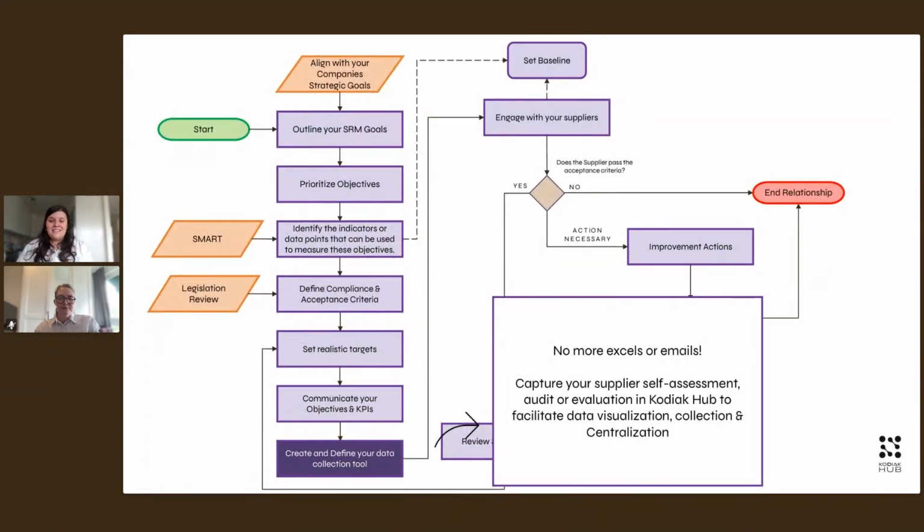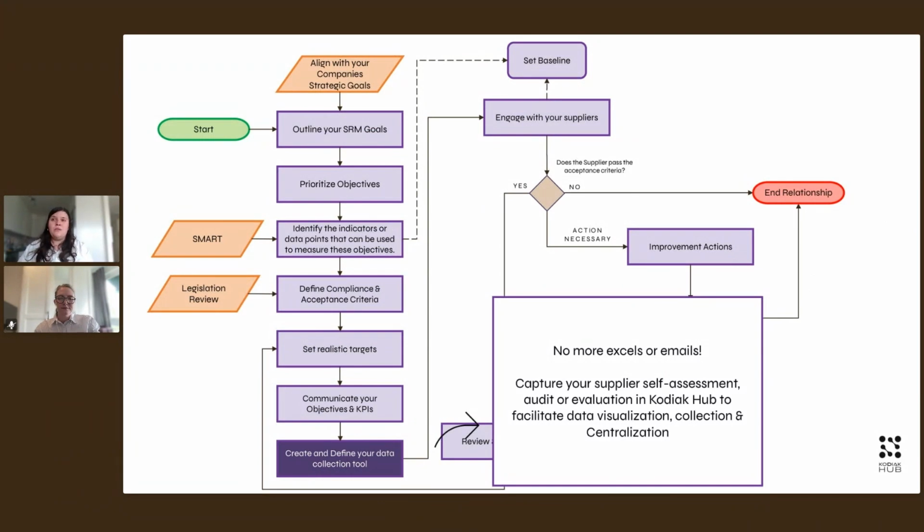Additionally to that, you need to start creating all of those tools to collect your data. With Kodiak, you don't need more Excel or emails, everything in one place, so you don't get lost in the amount of data and communication that you have. Everything will be centralized in one place in a very easy way to respond.